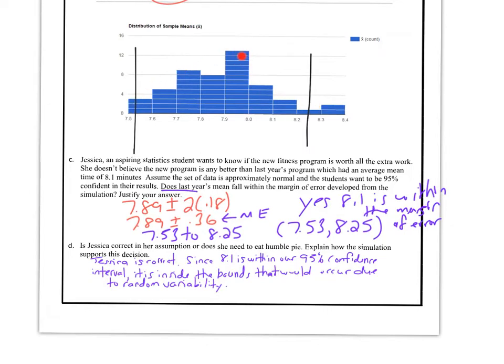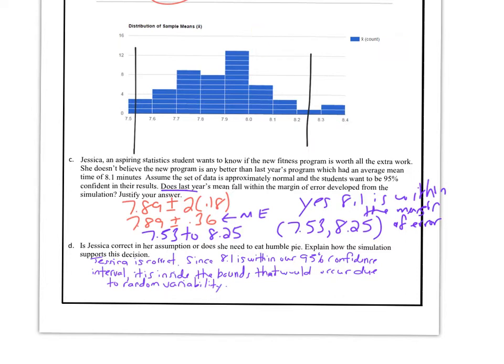The new fitness program is actually better than the old because our confidence interval is all below it. Or the reverse could have happened. Maybe the old time was down here at 7.4. And we now see that the new fitness program has people completing it between 7.53 and 8.25 minutes. So then we can say, no, it's actually worse or better, depending on where it was. But in this case, it fell right within.